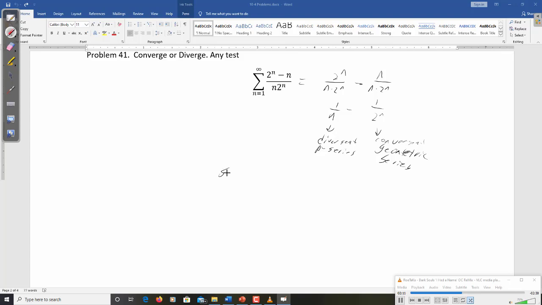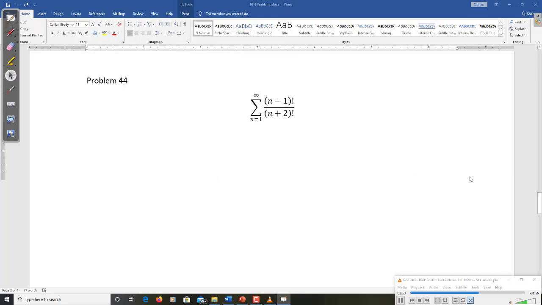The sum or difference of a convergent and divergent series is divergent. It's like adding infinity to a finite number, or subtracting a finite number. You're not going to stop it from going infinite by subtracting a finite number.